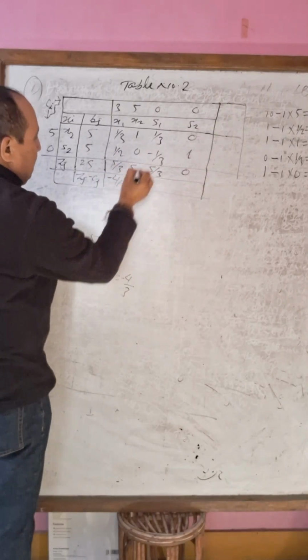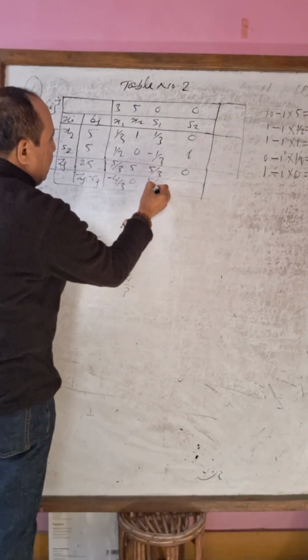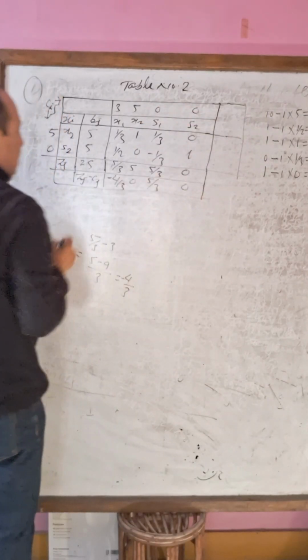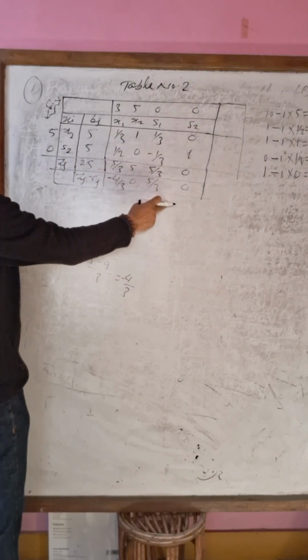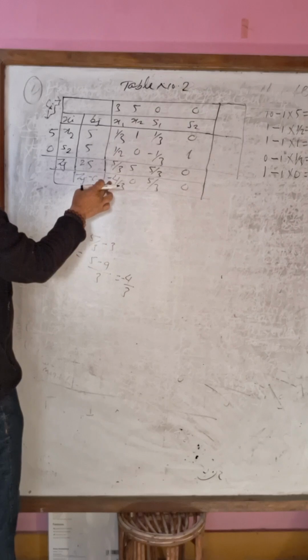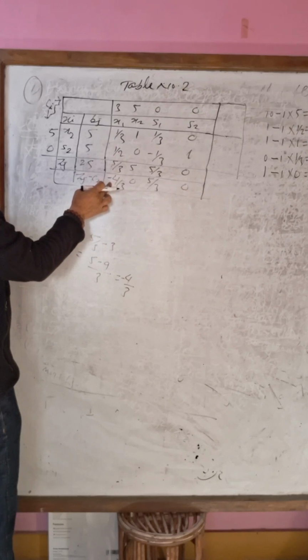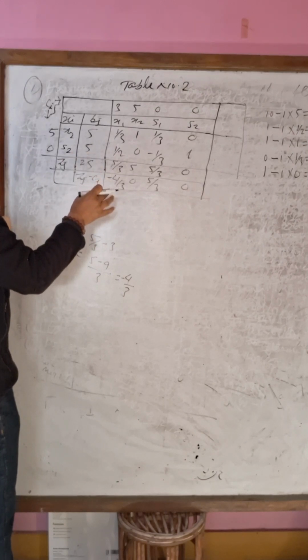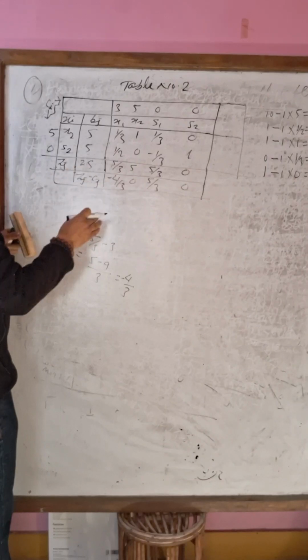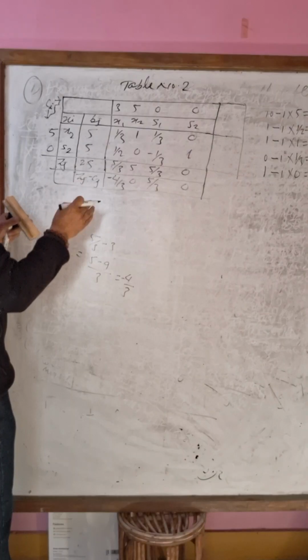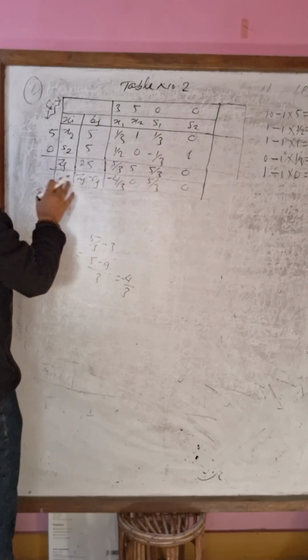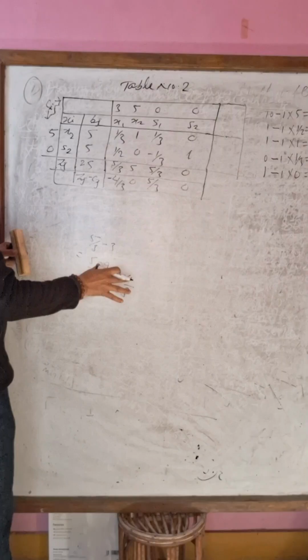Here 0, here 5 by 3, here 0. Okay? Now, the optimum solution is not obtained in this table because one value is negative. So we proceed with our calculations.